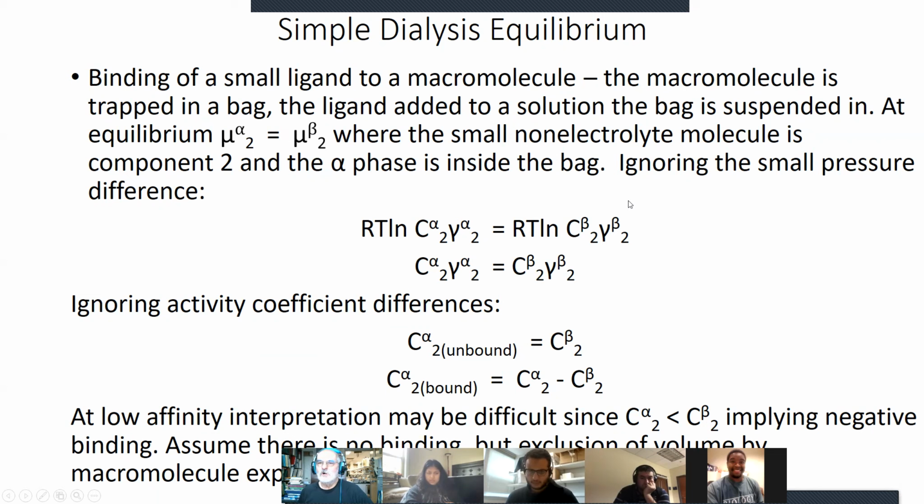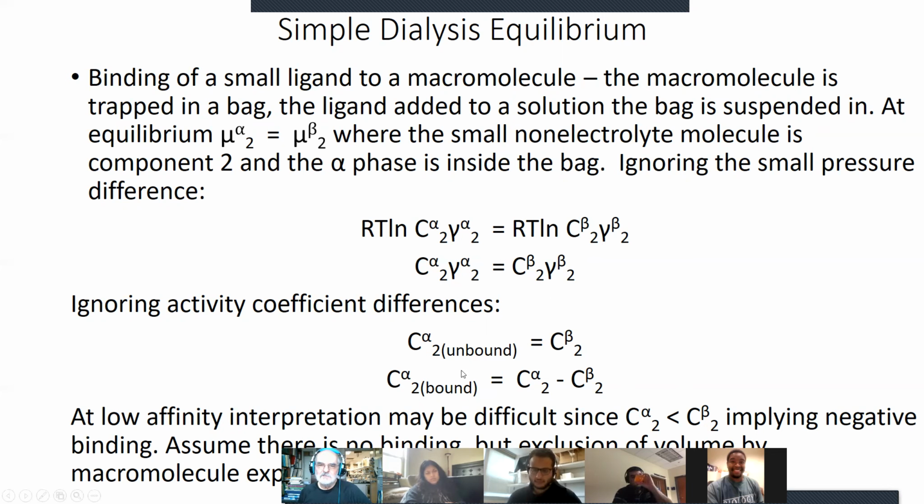Ignoring small pressure differences, you basically get a concentration times an activity coefficient in the bag and a concentration times an activity coefficient outside the bag. And that implies that you will have equal concentrations of solute inside and out.